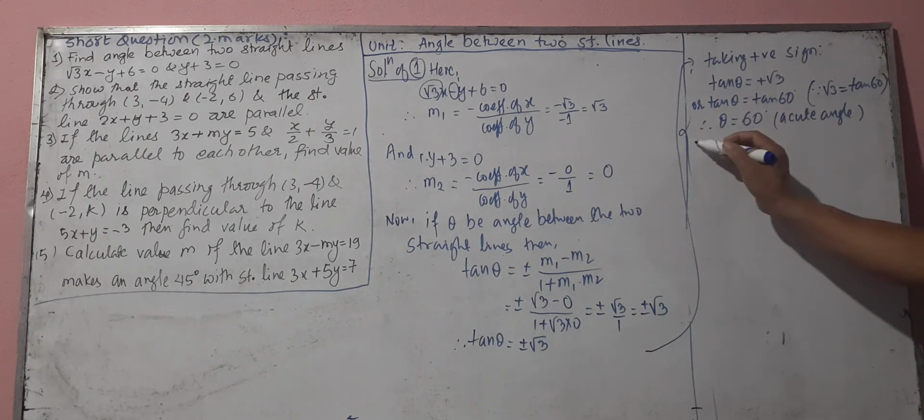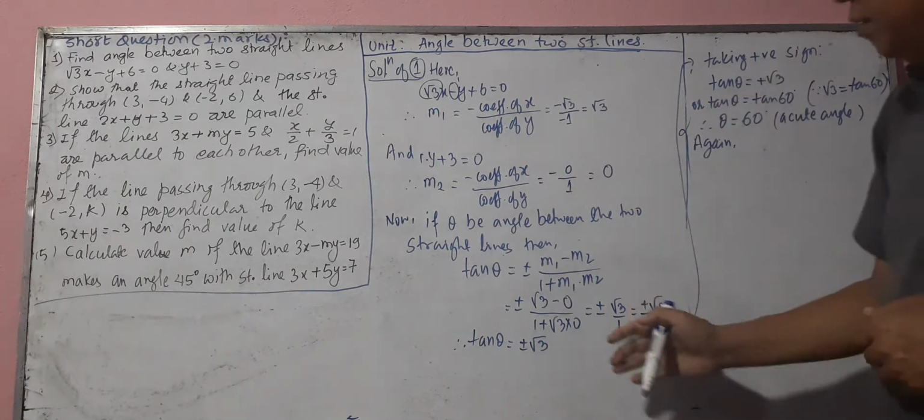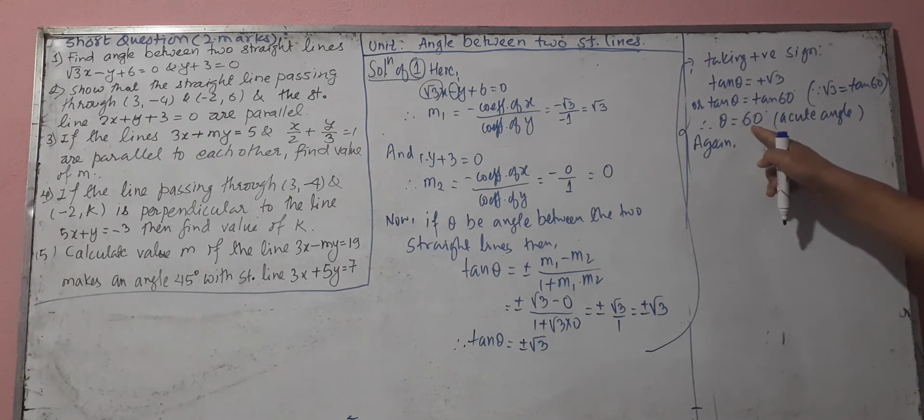After finding the acute angle, you can find the obtuse angle by subtracting this acute angle from 180 degrees.